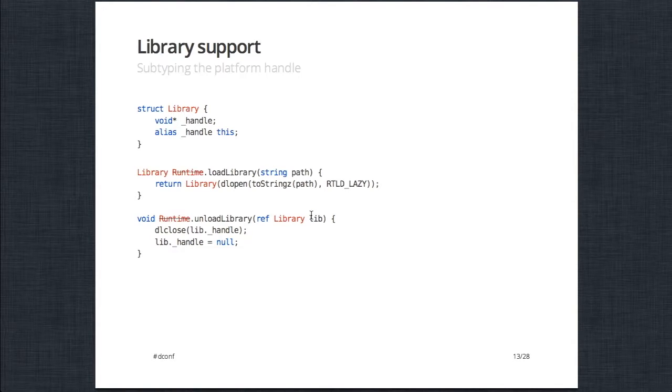So in order to improve here, we'll first think about wrapping the library handle so that we can add some methods and abstract away the platform dependent stuff. This is just basic subtyping of the library handle, the actual handle, so you can still use it on the operating system functions that you usually have.